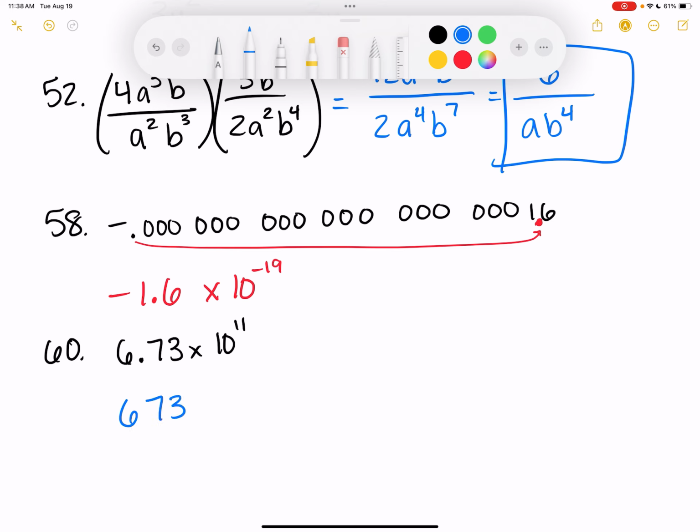So 673, and I'm not going to count out all the zeros. You can count your own, but you need 9 zeros. And it would be much appreciated when you write your answer, if this was a quiz or test question, to put commas in there so I don't have to count every single zero.